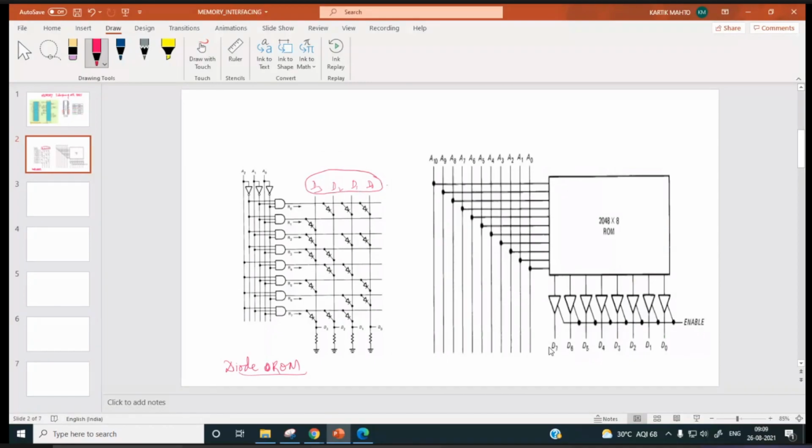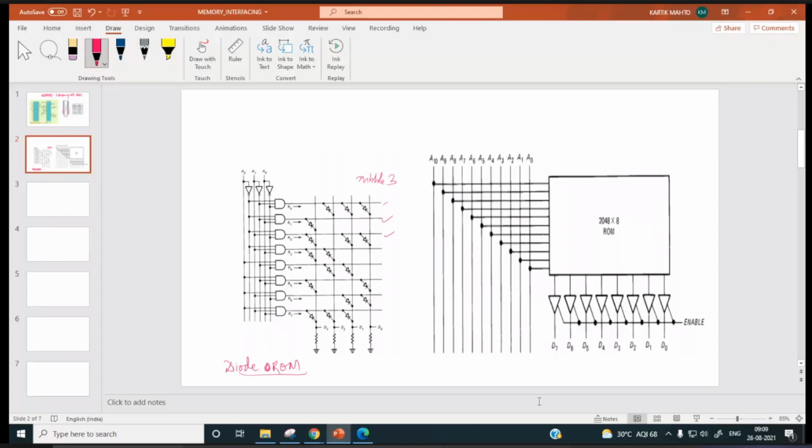Nibble 1 is stored over here, nibble 2 is stored over here, similarly nibble 8 is stored over here. Suppose we want to read nibble 3. Nibble 3 means this is 1, this is 2, this is 3. So what are we supposed to do?